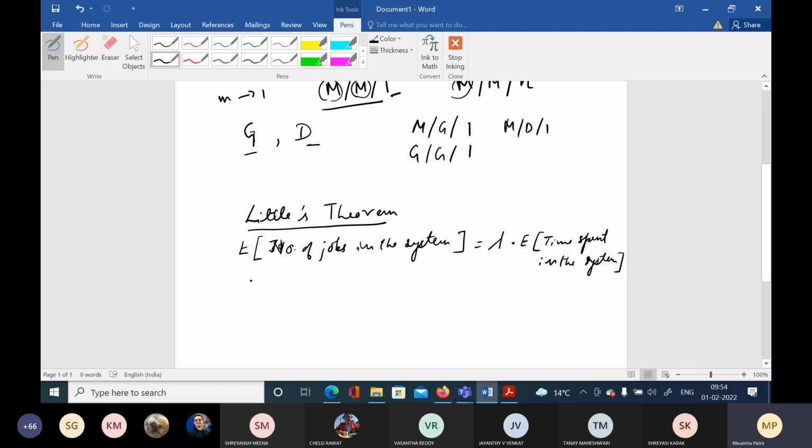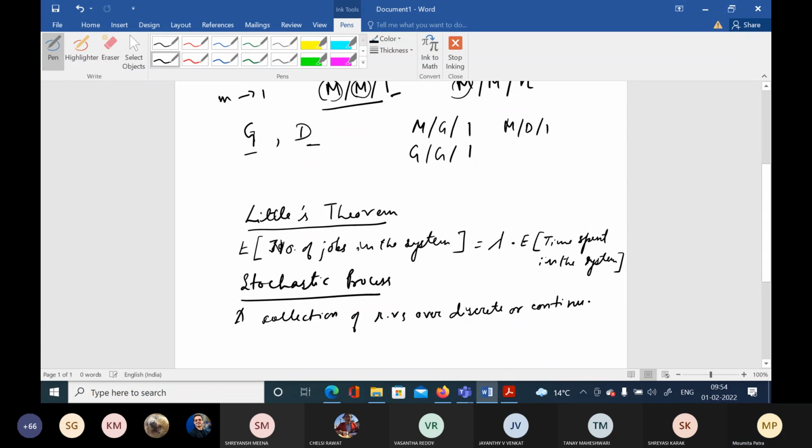So if I have to mention what a stochastic process is, it is a collection of random variables over discrete or continuous times.